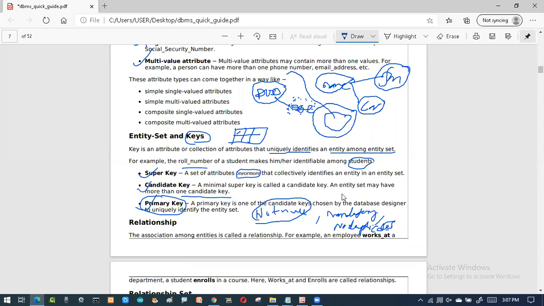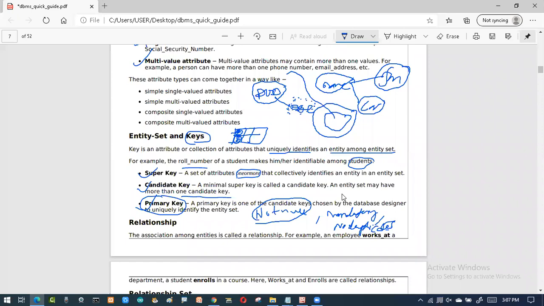Roll number means I have to give a roll number; I should not skip this. I can skip other columns, as they are not restricted, but this one is restricted, so you must enter the value. It should not be kept blank.